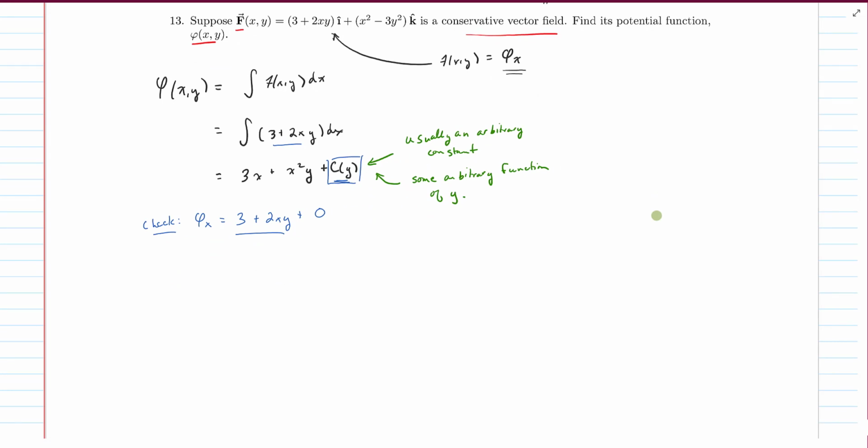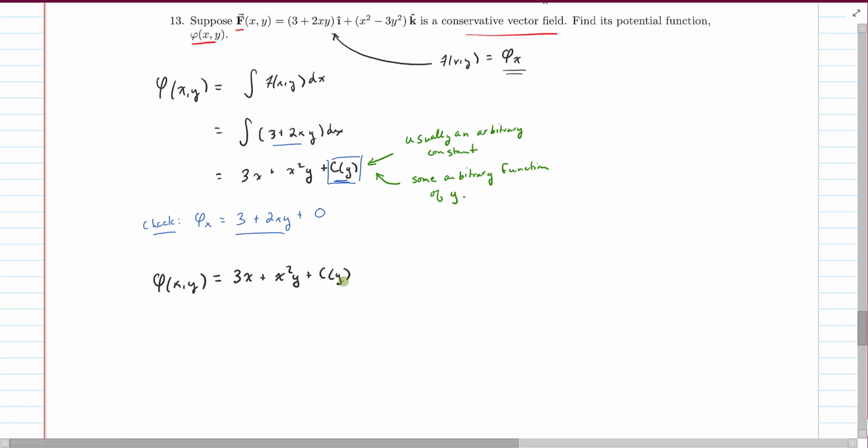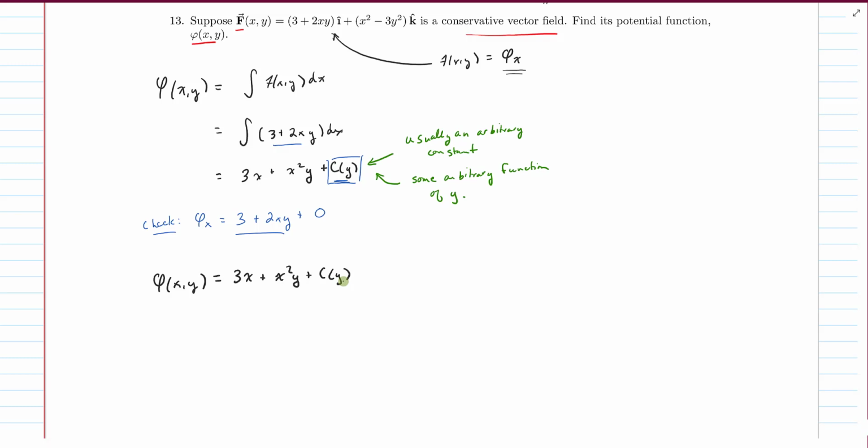We're not done finding our original phi of xy because we've got this arbitrary unknown function c of y in there. So what we're claiming is that our phi of xy should look like, let me just summarize that, 3x plus x squared y plus c sub y. But we know that's not quite the whole story because we don't know what that function is in terms of y.